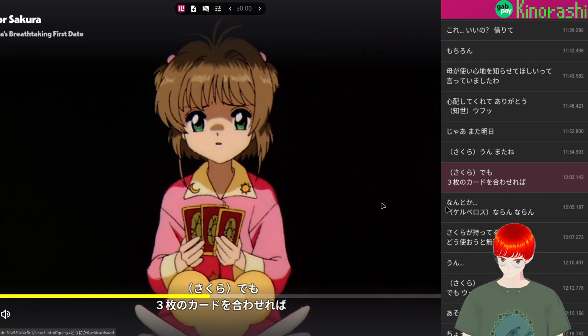So I have to be able to match, or I have to be able to do it with 3 cards. And you know it's match and not meet because they're using this kanji right here.